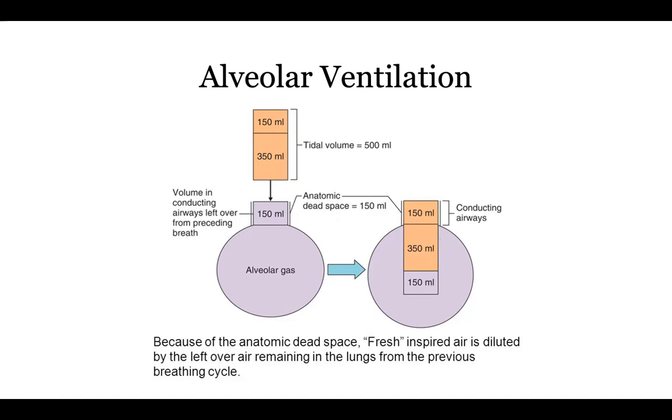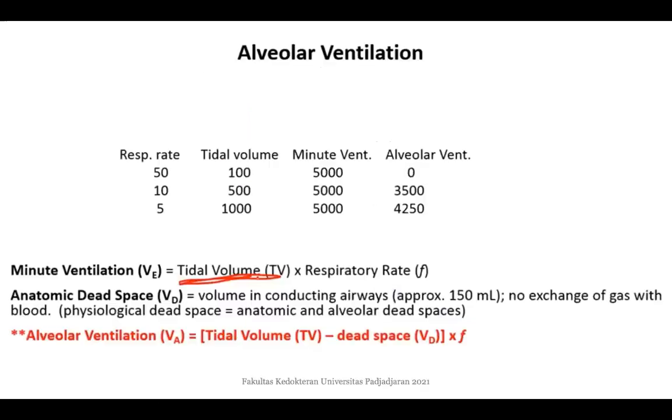We are only replacing a small portion of our air when breathing normally like this, and a lot of what we are doing is just filling the conducting volume. So in a normal person, alveolar ventilation is really important, because it reflects how much fresh air we bring into the lung and into the body.